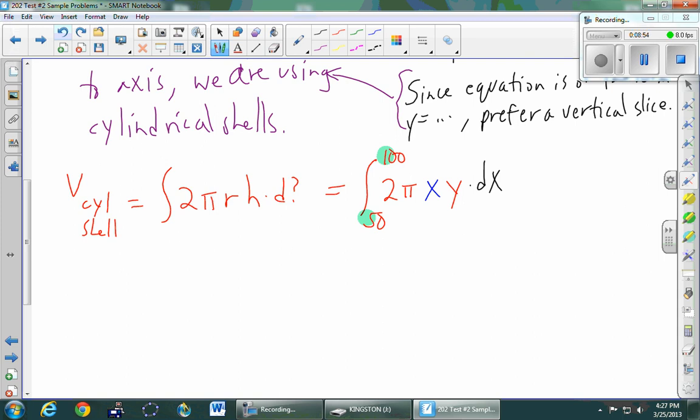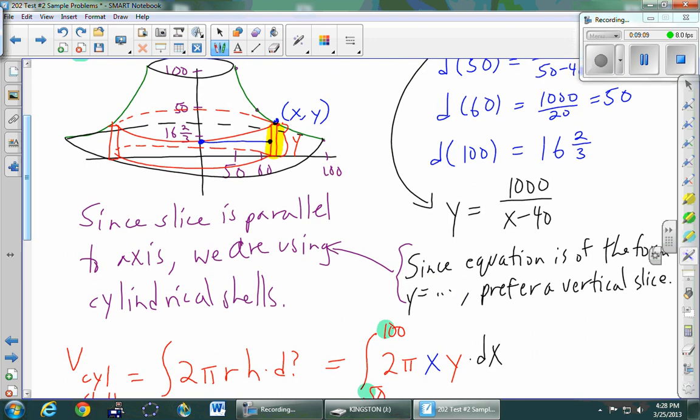Okay, so the last piece of this, and then we can use the calculator, is to get rid of one of these letters. I have x and I have y. That's no good. x is the letter that I want, so I need to get rid of this y, and you just have to replace y with what the definition of y is. So y is that tall, and to be that tall, it means you were on that green curve, and if you're on that green curve, you satisfied this equation.